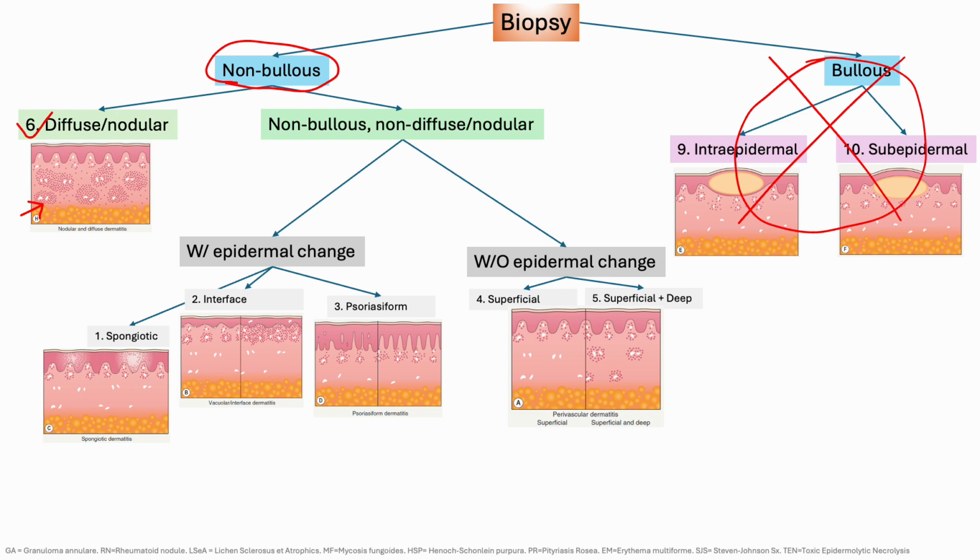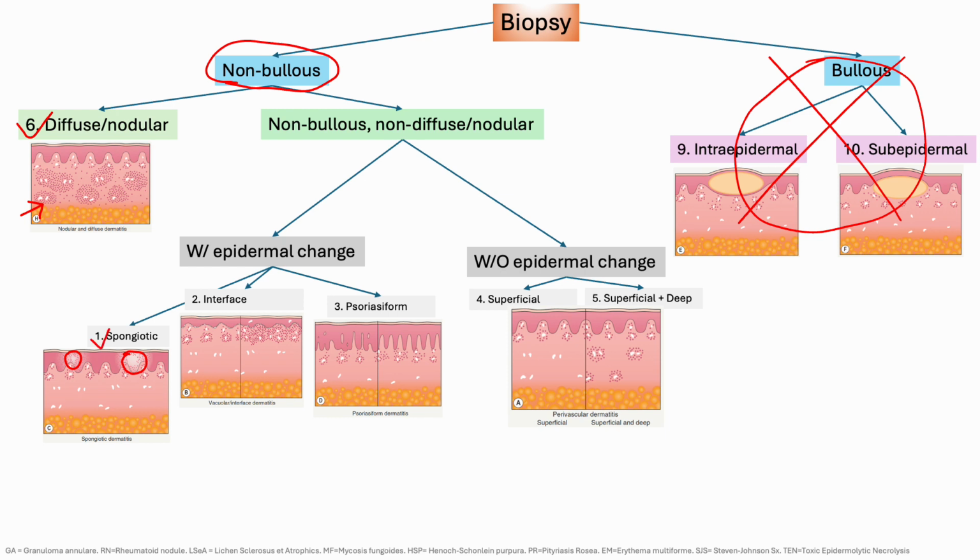If they are not bullous and not diffuse and nodular, then the next dividing point is the presence or absence of epidermal change. If there is epidermal change, what is the main pattern? If the pattern is composed of spongiosis, meaning there is accumulated fluid inside the epidermis forming some vesicles, we call it spongiotic dermatitis. This is pattern number 1.